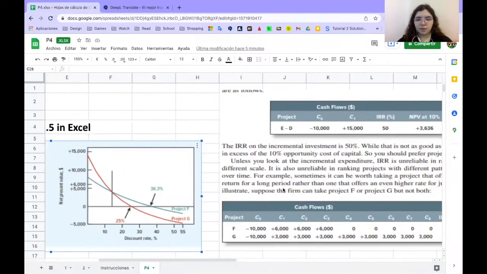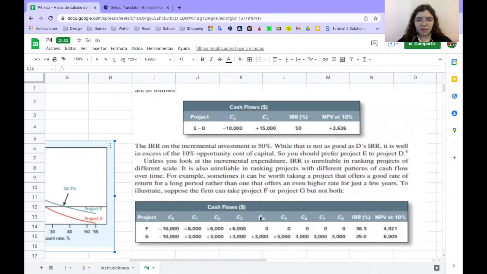And we also have the data of that graphic. It says the information of two projects, Project F and Project G, and it also gives us the cash flows from 8 years.